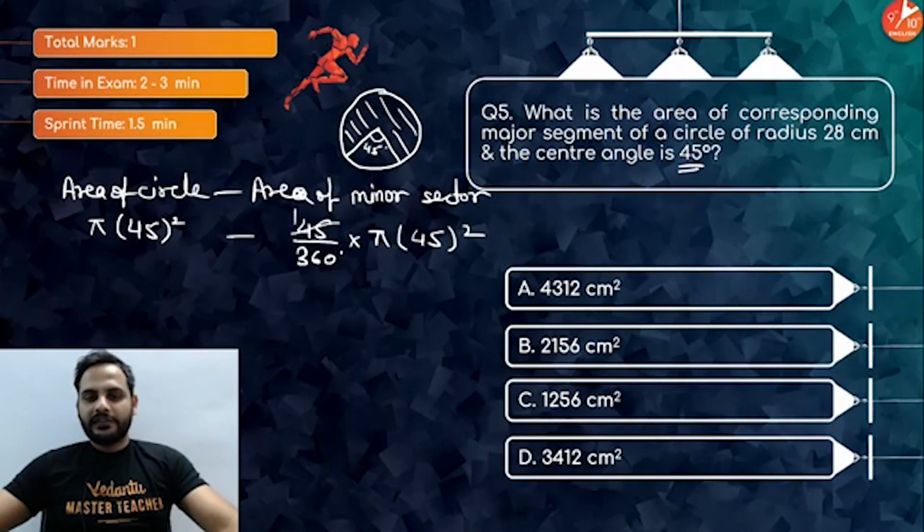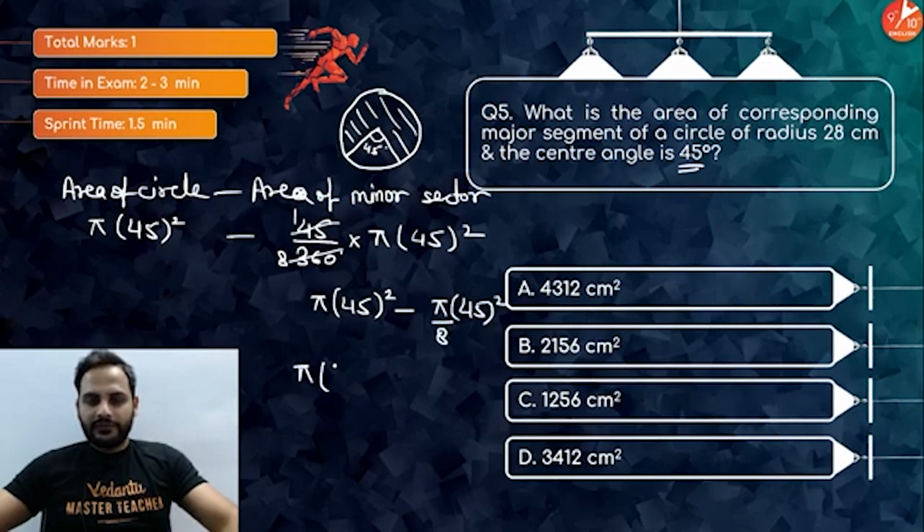Theta by 360, this is 1 and this is 8 times. So finally you can see it is pi into 45 square minus pi by 8 into 45 square. So if we take pi into 45 square common, we are left with 1 minus 1 upon 8. Take LCM, 1 minus 1 upon 8 is 7 upon 8.